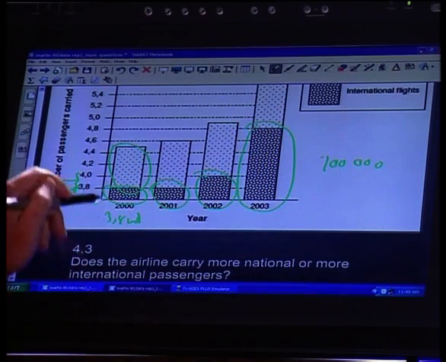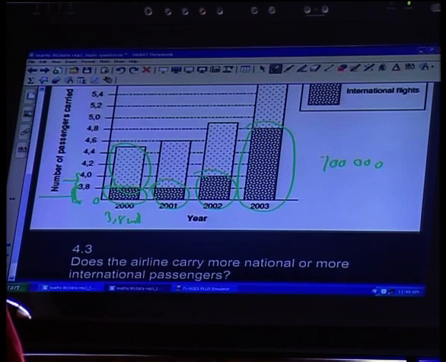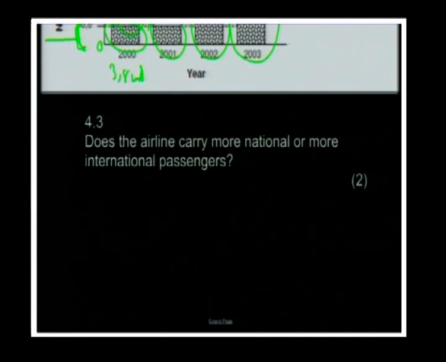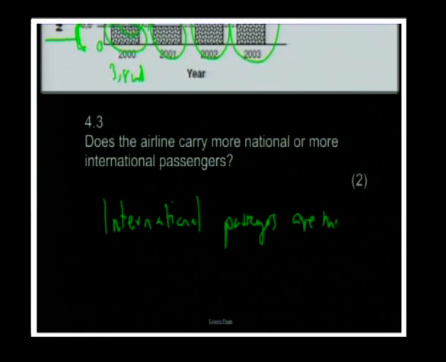Definitely a lot smaller than the 3.8 million that were represented for the international flights. So to answer our question over here, we've got to say that the international passengers are more than national.